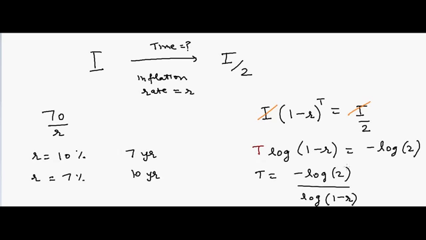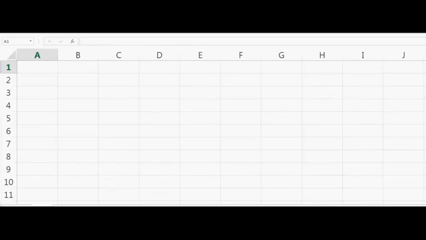But let's do this complicated calculation in Excel and see how this trick was made. Let's go to Excel, and suppose we have the interest rate, which is not the interest rate, it's the inflation rate. So that's equal to 2, 3, 4, 5, and we have different inflation rates. And this is our time.